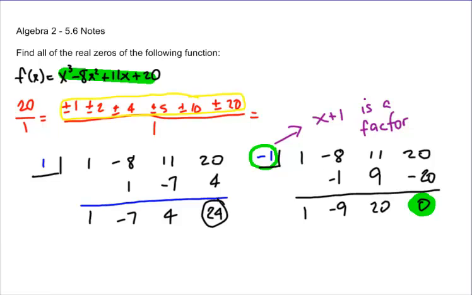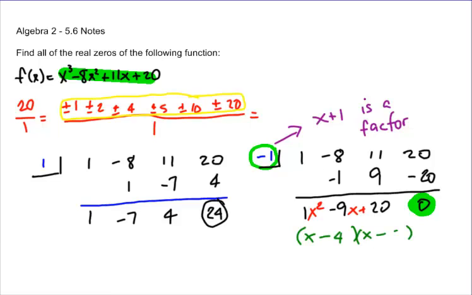Now, keep in mind with synthetic division, we've lowered ourselves by 1 degree. If I know that x plus 1 is a factor, I'm left with x squared minus 9x plus 20. To find all of the real zeros, I can factor this. If it factors, good; if not, I'll use the quadratic formula. Once I get down to a squared term, I can find all of the real zeros. So let's check: what times what is 20 and adds up to negative 9?